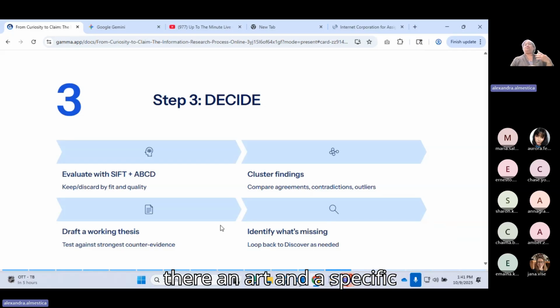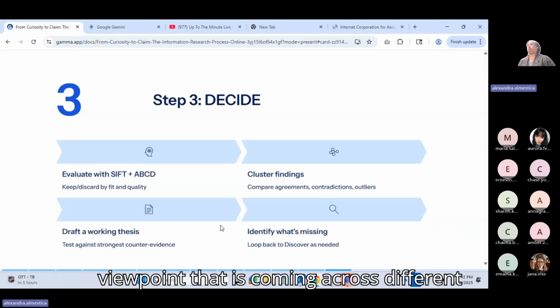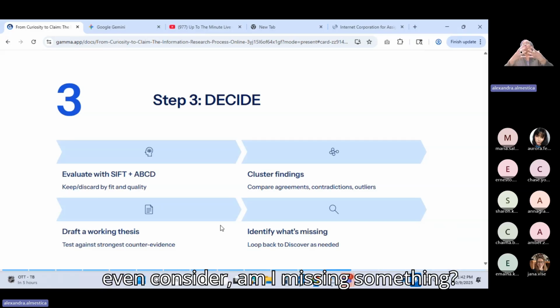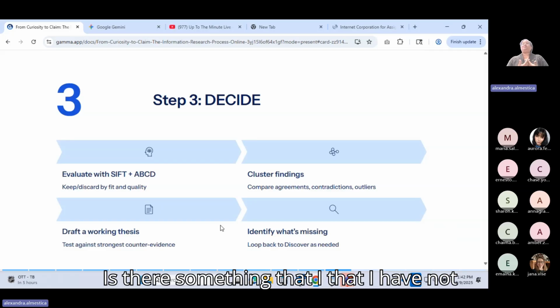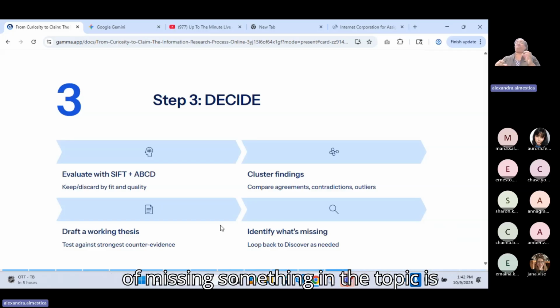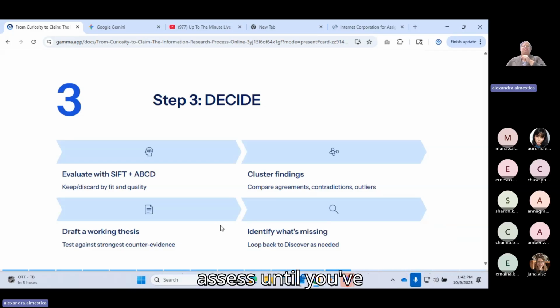Like, is there a specific viewpoint that is coming across different sources of information? And then you can even consider, am I missing something? Is there something that I have not seen in this topic? And that part of missing something in a topic is something that you won't be able to assess until you've examined plenty of resources, okay?